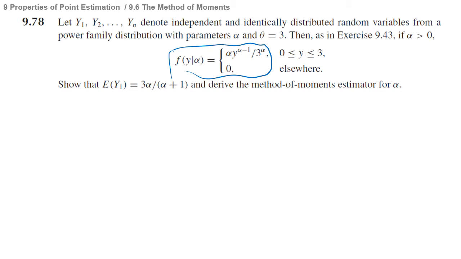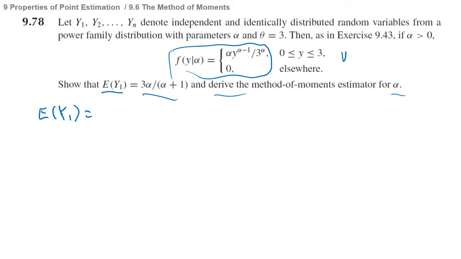Then, as in exercise 9.43, if alpha is greater than 0, the density function is like this, and show that the expected value of y1 is this, and derive the method of moment estimator for alpha. So the first problem is to find the expected value of yi.